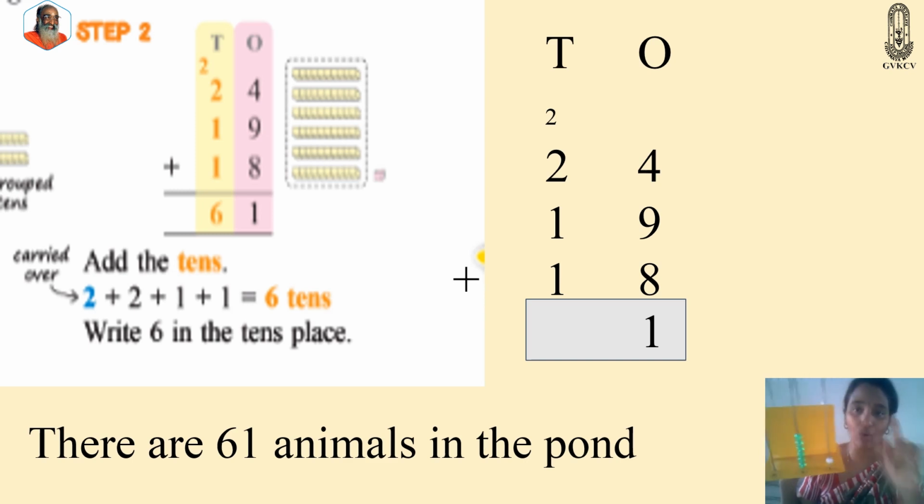Okay, now the tens row is over. Now count how many are there in tens. 1, 2, 3, 4, 5 and 6, and under ones it is 1. So under tens how many should I write? 1, 2, 3, 4, 5 and 6. Okay, so I am writing here 6.